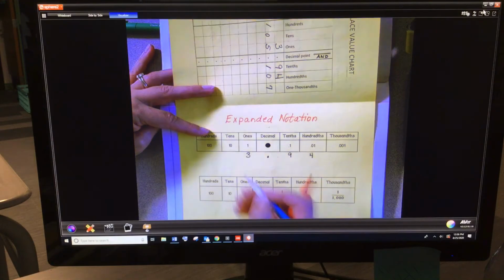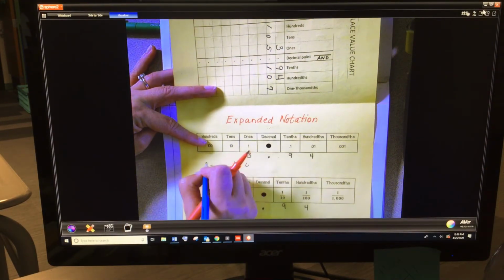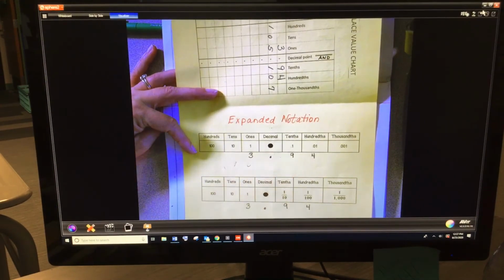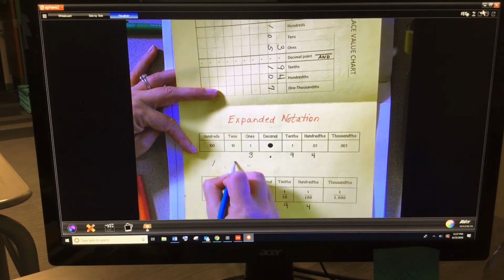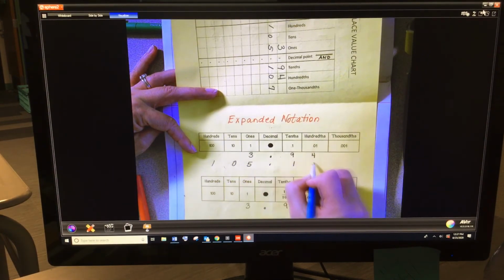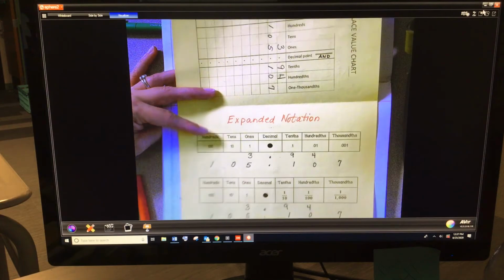I'm going to write it on both problems. Excuse me, I did that wrong. Getting ahead of myself here. So 105.107. I'm going to do underneath now. Second one, 105.107.